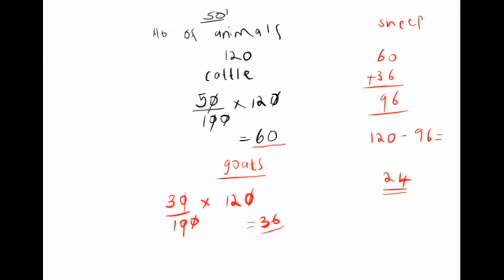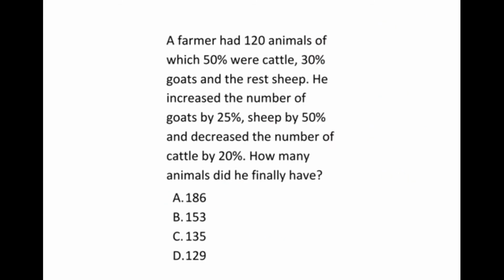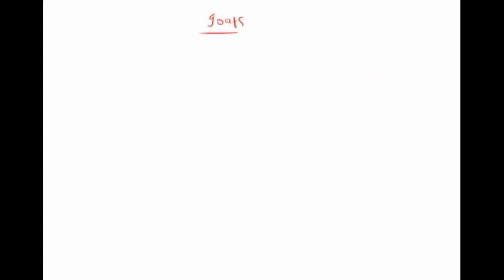Let us start with the goats. After the increase, we are told that the goats were increased by 25%. Therefore, we shall have 100 plus 25, the new percent, which is 125%.